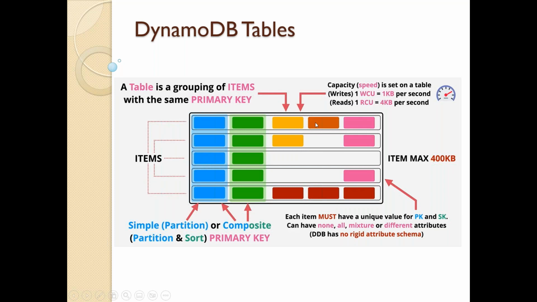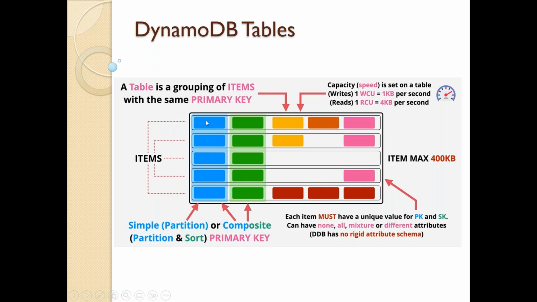It will be well within that limit, because we are only going to store key-value pairs. You are not going to store blobs and other things here. It's just metadata, key-value pairs. As I told you, each item must have a unique value for the primary key and sort key. The sort key is optional. So you can have none, all, a mixture, or different attributes.